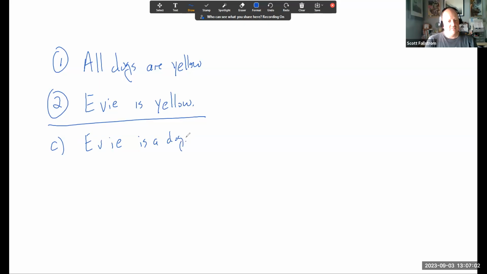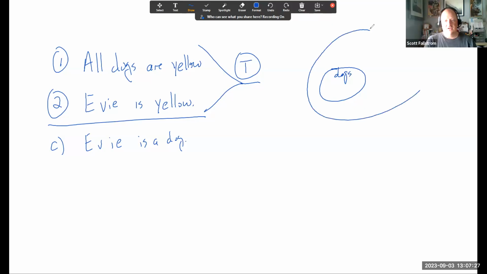Now for the reasoning, this is where sometimes people get a little worried about this. For a statement trying to determine whether the reasoning is valid, is the argument a valid argument, we build this and we assume that both of these are true. So I need to build a picture that says all dogs are yellow. Once again, here's dogs.